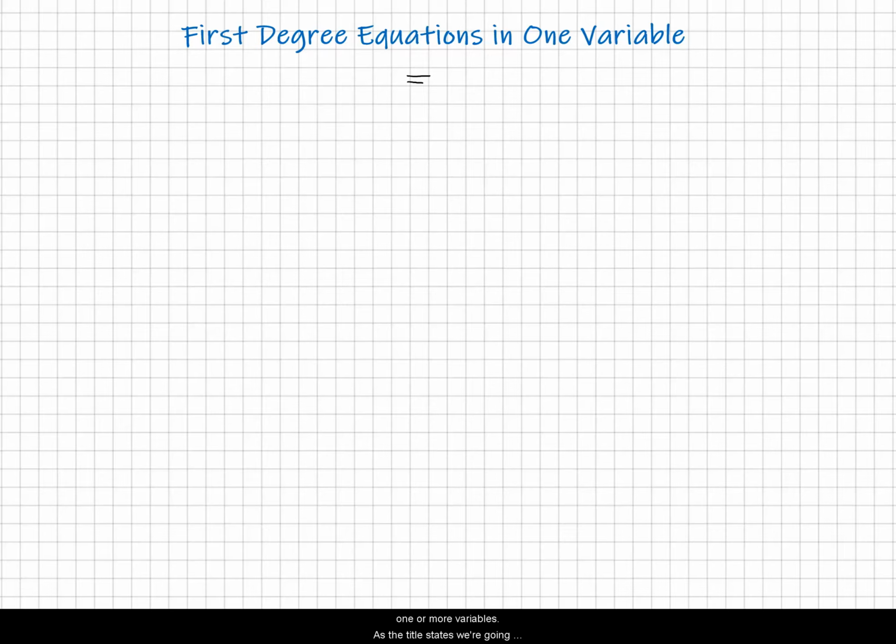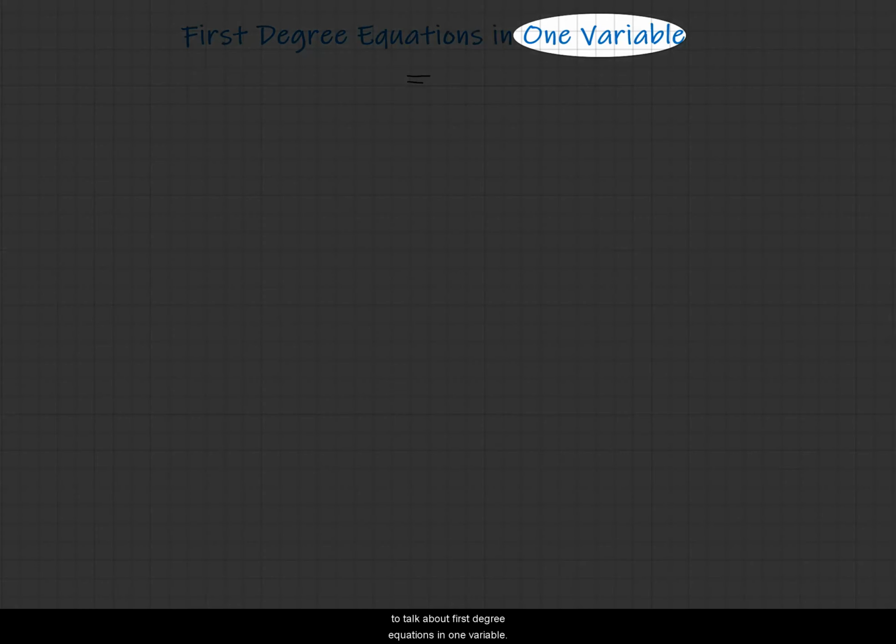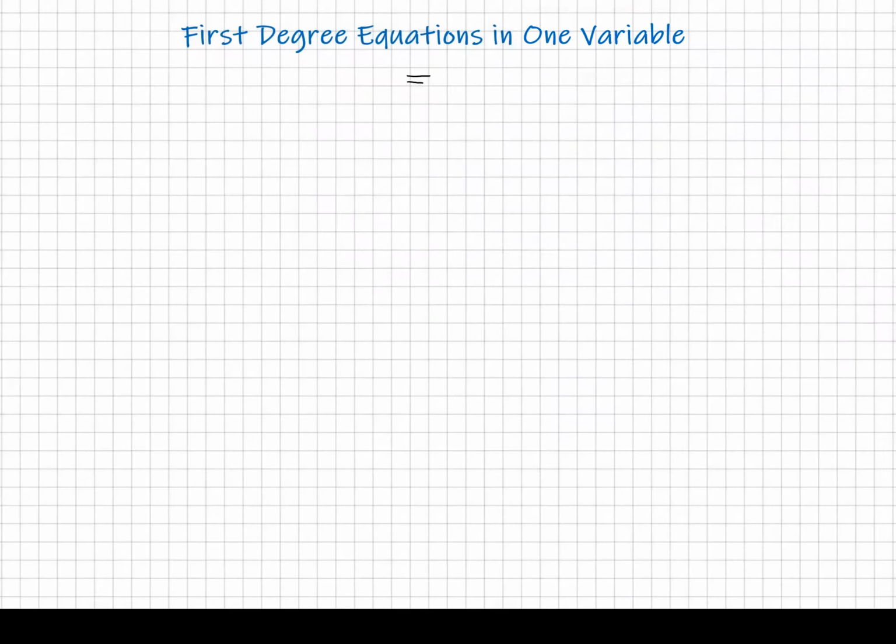As the title states, we're going to talk about first degree equations in one variable, which I would generically denote by x. And first degree means your variable's highest degree is 1, meaning you're not going to see any x to the power of 2, any x to the power of 3, nor any higher power, just x to the power of 1, which is x.